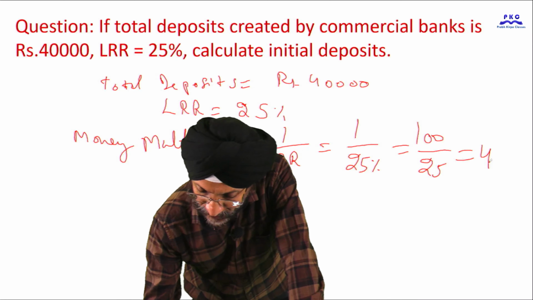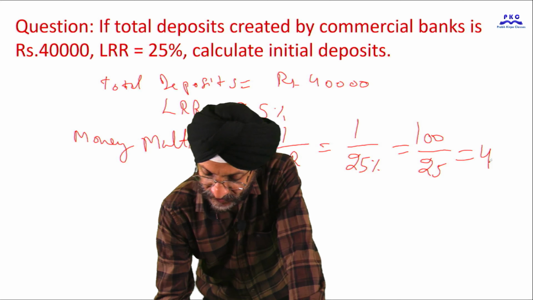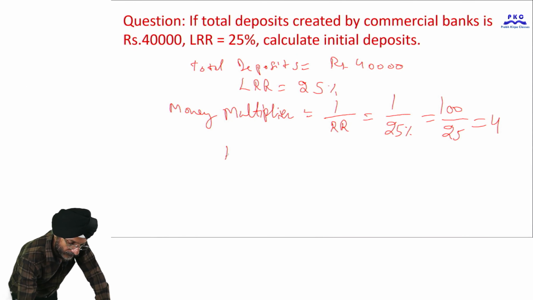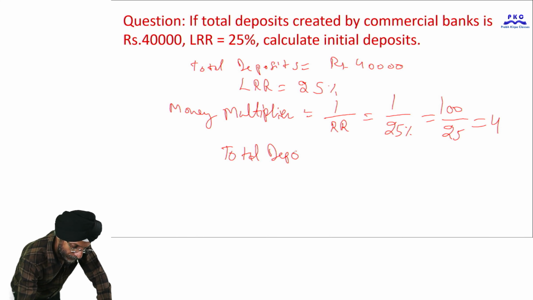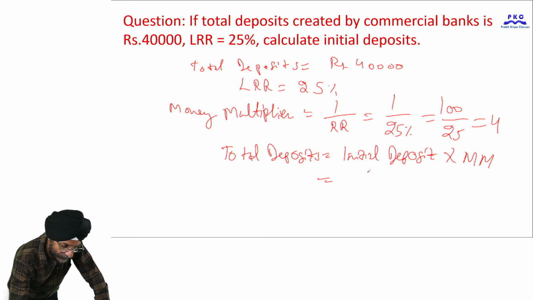So here the total deposits have been given to us. We know that total deposits is equal to initial deposit into money multiplier. Initial deposit is not known to us.